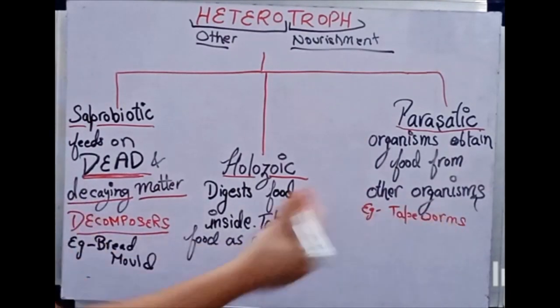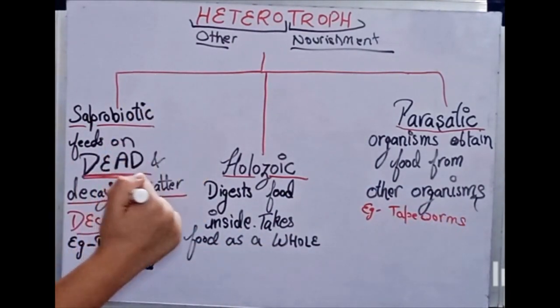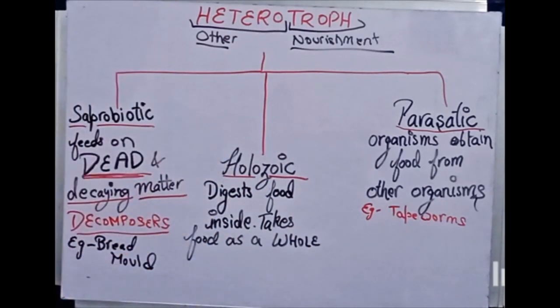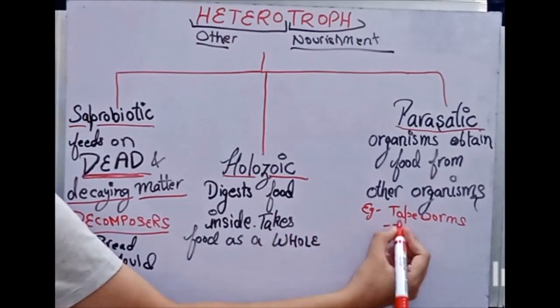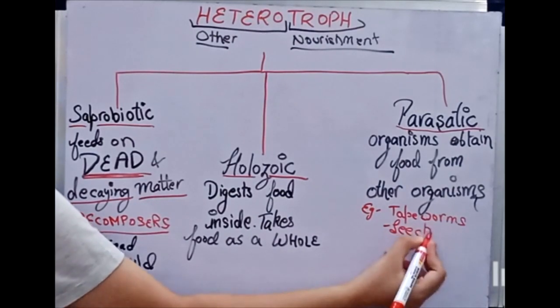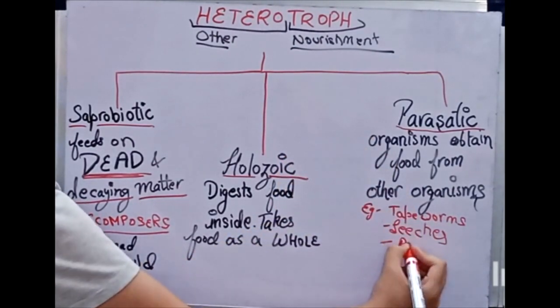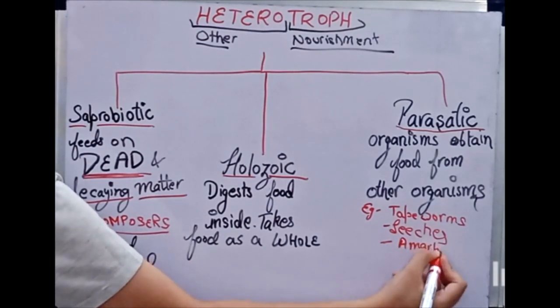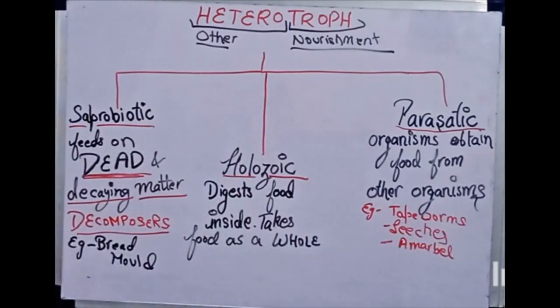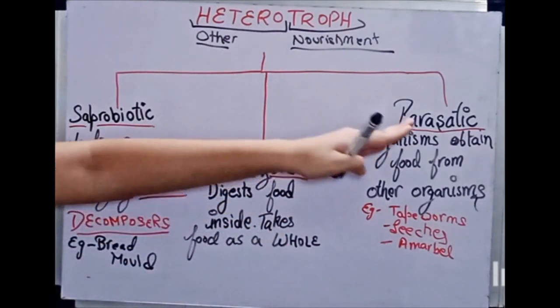Tapeworms are present inside our body, and they are a parasite inside our body. Then leeches is again a parasite. Amarbel is a plant that can't photosynthesize, hence it lives on another organism to obtain its food.